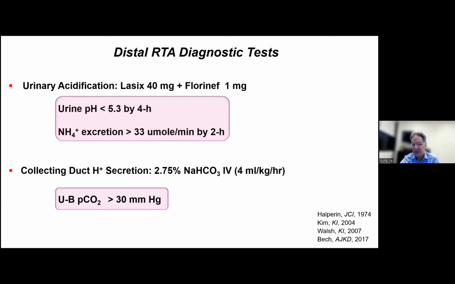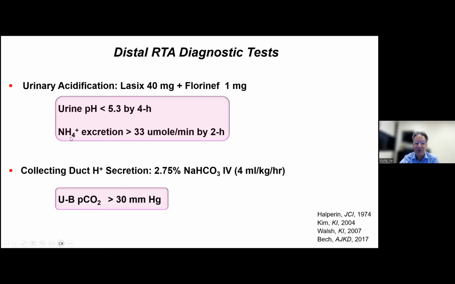They acidify normally. The problem they have is they don't metabolize glutamine normally. They don't make enough new bicarbonate in that reaction. That's why patients with CKD get a metabolic acidosis. It's a problem with new bicarbonate generation, and therefore they also don't make ammonia in that reaction. That's why their ammonia is low, but it has nothing to do with distal RTA or a proton secretion problem in the collecting duct.